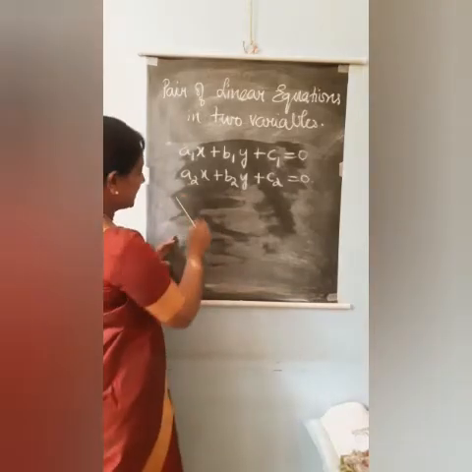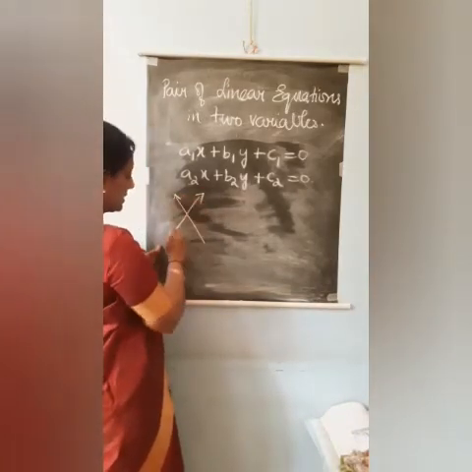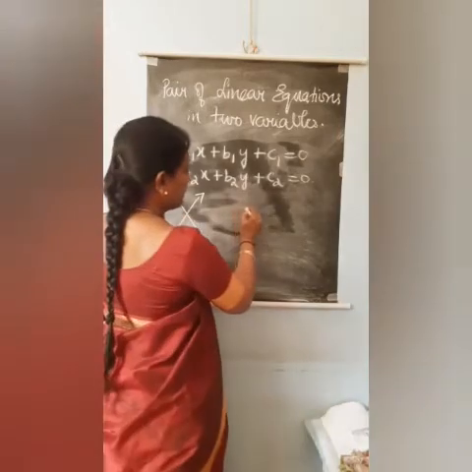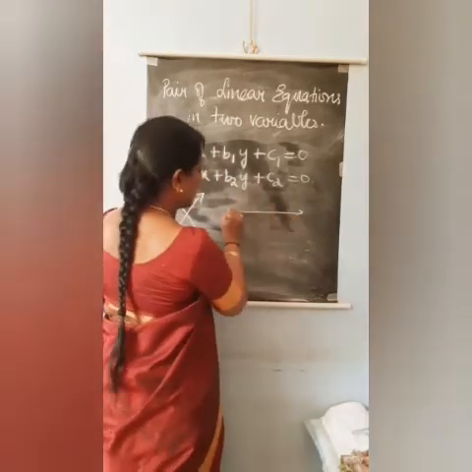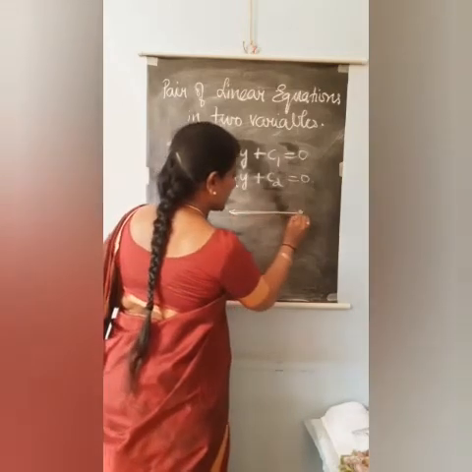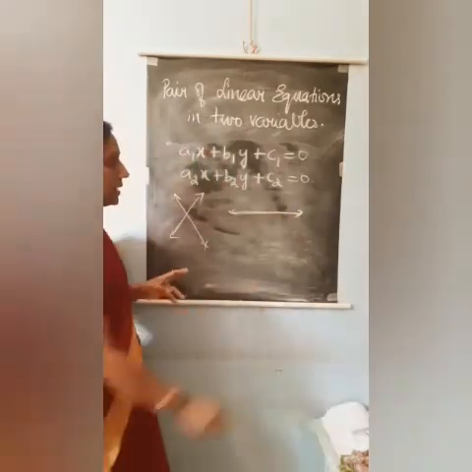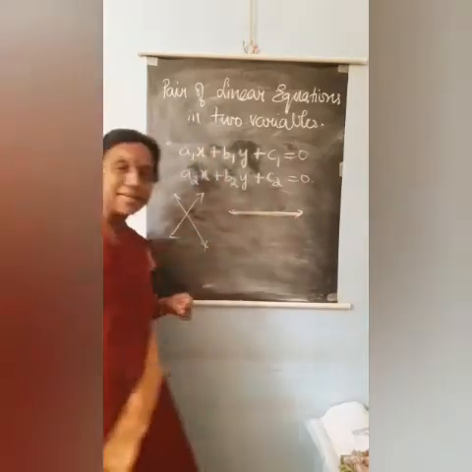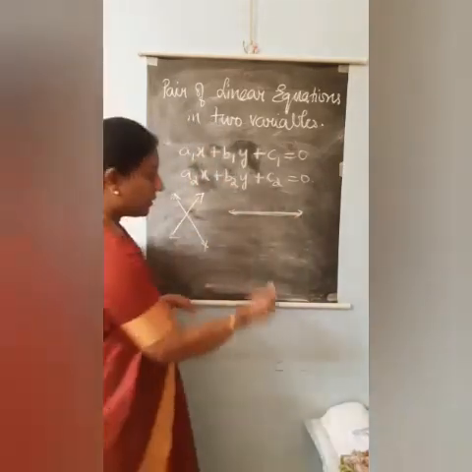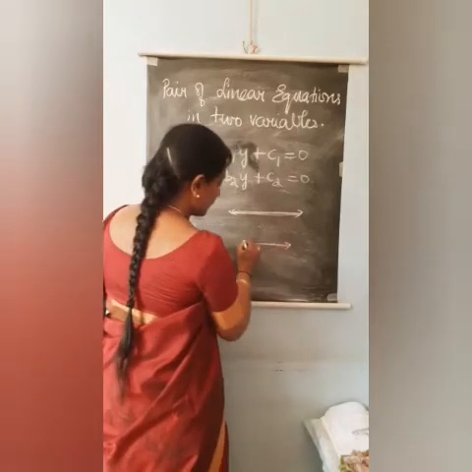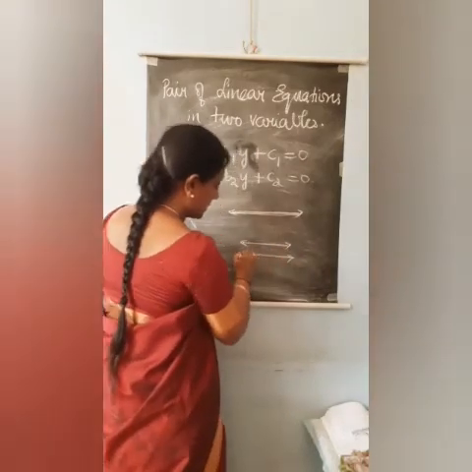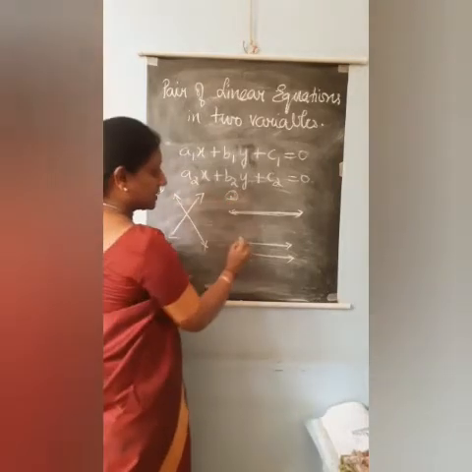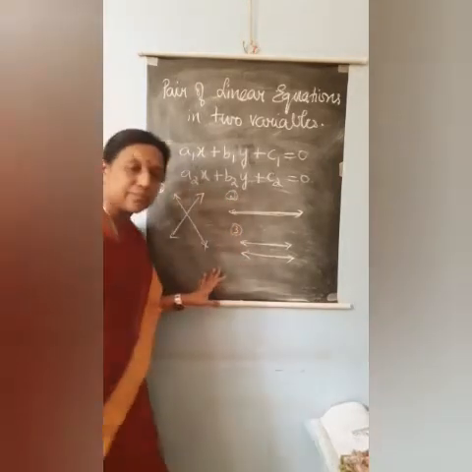They can either intersect at a point, two lines intersecting at one point, or they can coincide on top of each other like this. There is one line first, the next line is a coinciding line, or they can be parallel. So this is the first case, this is the second case, and this is the third case.